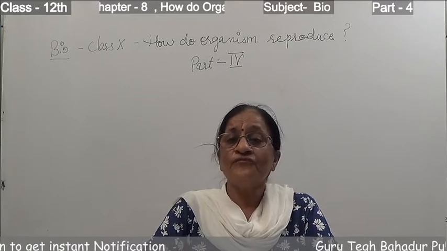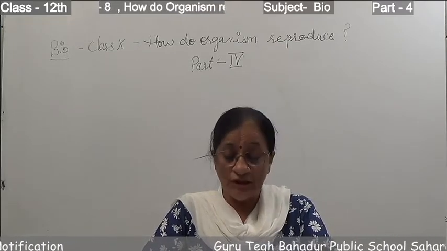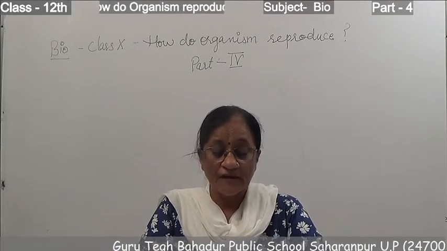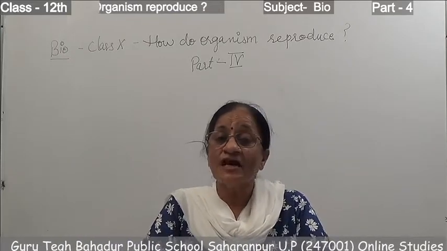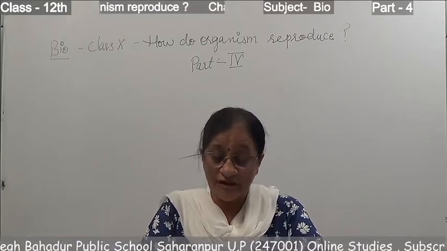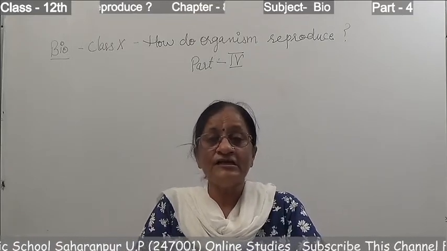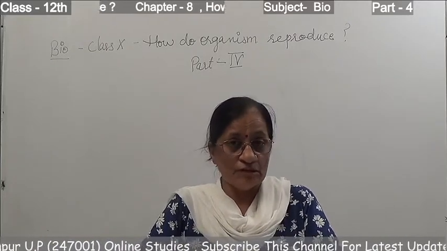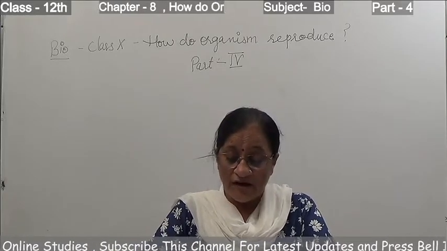Sexual mode of reproduction means that the germ cells from two individuals have to join together, and this can happen in two ways. First, as we saw in flowering plants, by the external release of germ cells from the bodies of individuals.